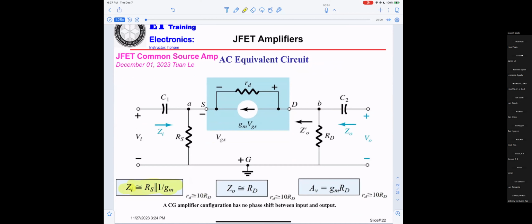Input impedance, output impedance, and this is the gate. Okay, so basically input is applied to the source, and output will be taken from the drain. Okay, and that will tell you input impedance here, output impedance. Okay, and this is the current from the drain to the source, gm times Vs.